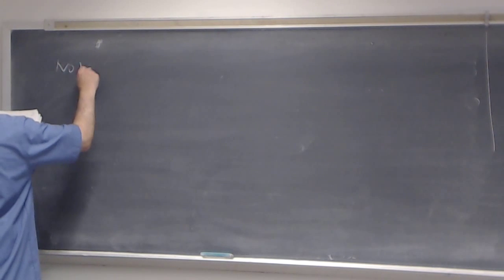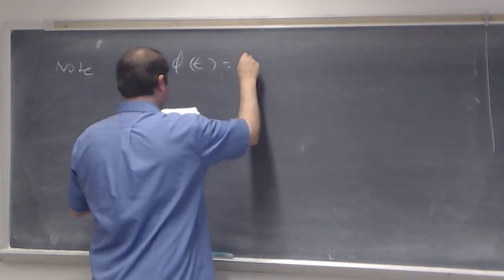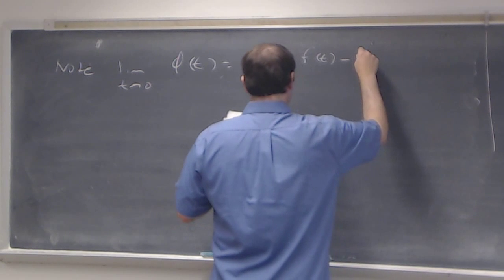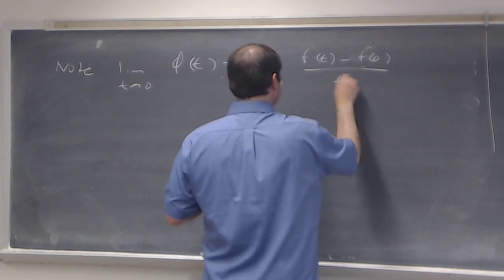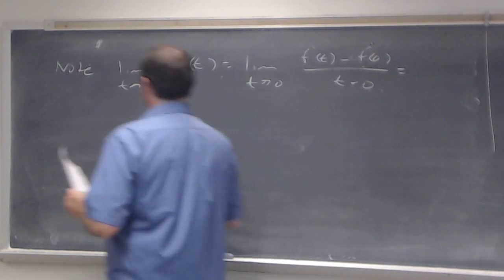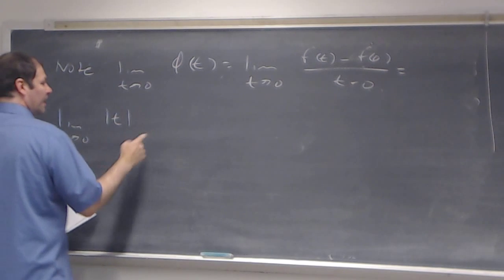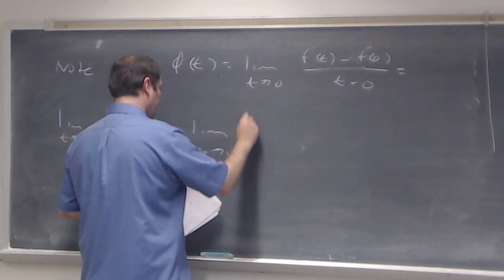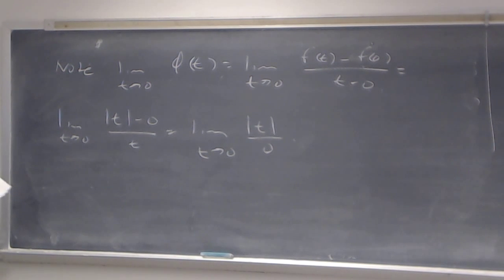So note, the limit as t goes to 0 of phi of t will be equal to the limit as t goes to 0 of f of t minus f of 0 all over t minus 0, which equals the limit as t goes to 0 of the absolute value of t, minus 0 since f of 0 was 0, all over t, which is the limit as t goes to 0 of the absolute value of t over t. So that's what we're looking at to be the derivative of our f at 0.